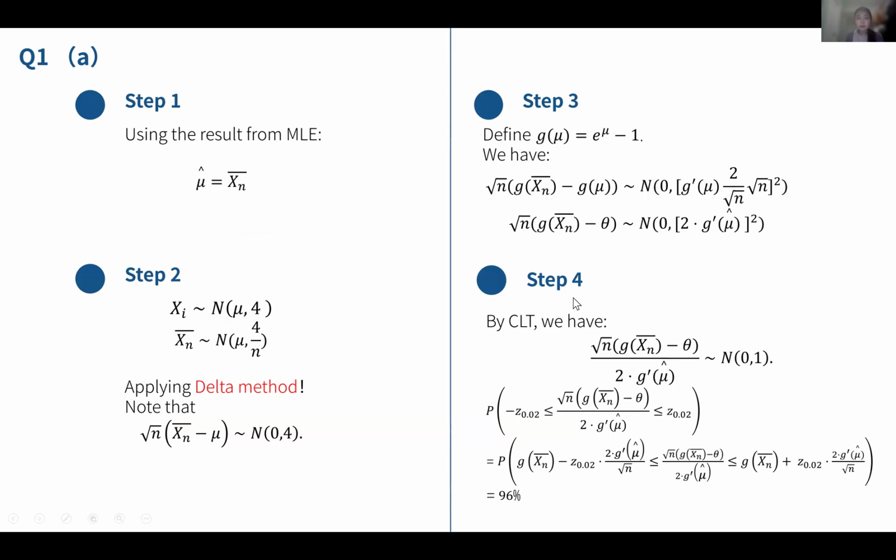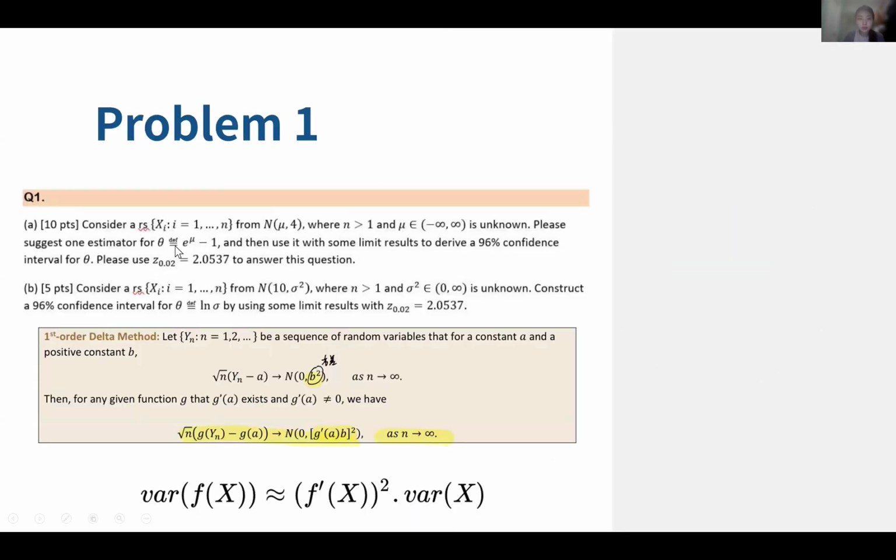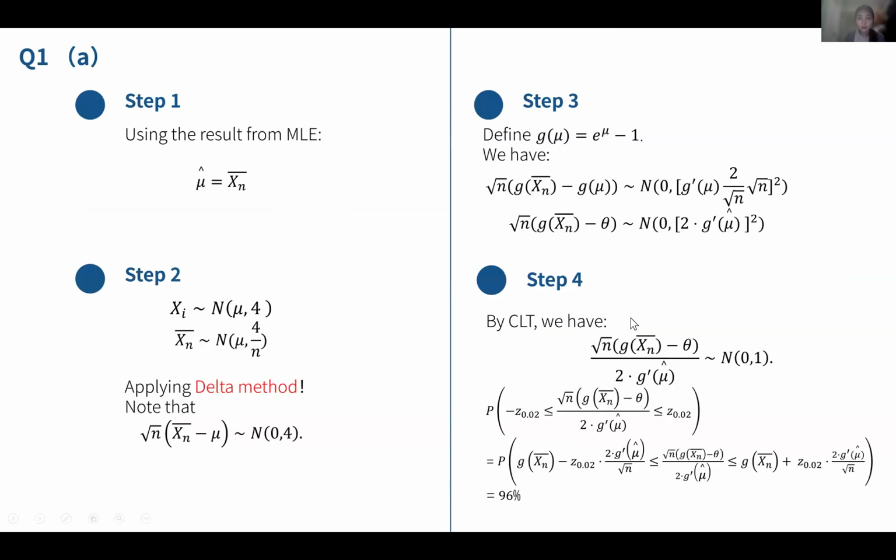So in step 4, by CLT, since we need to use this information, we should make a transformation to N(0,1), which is the standard normal.